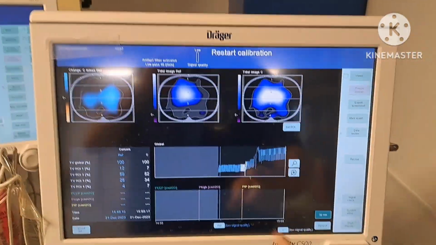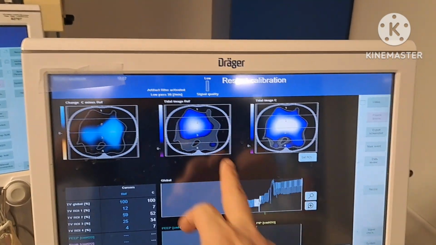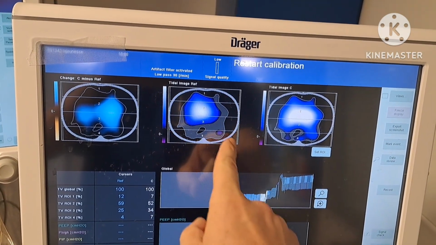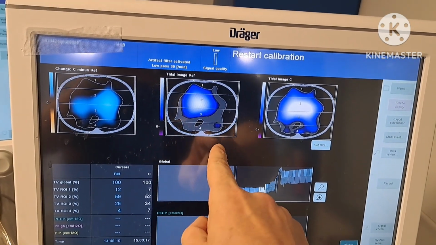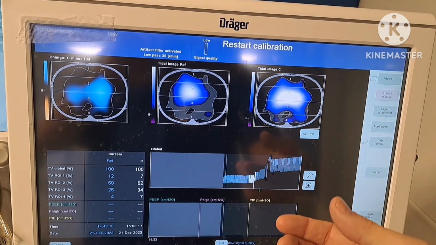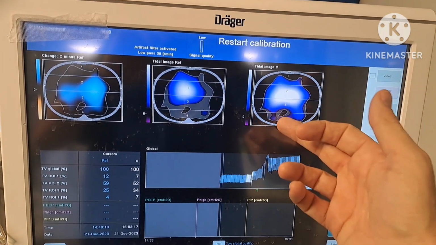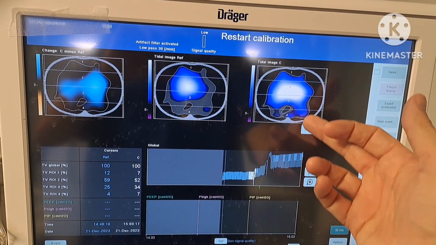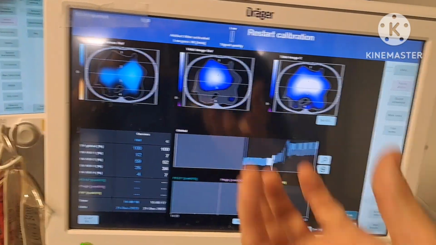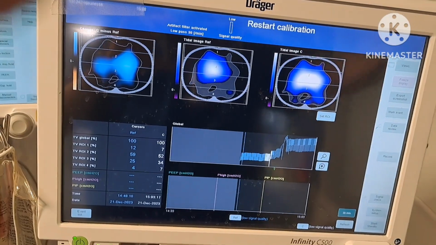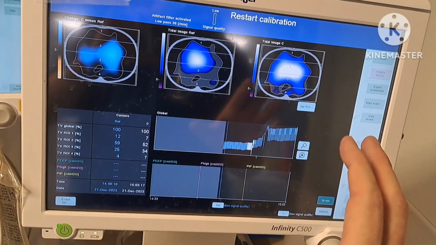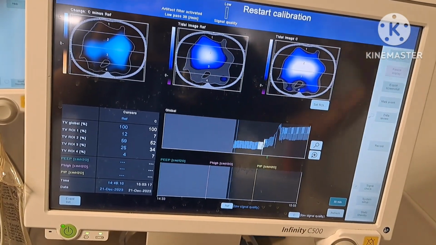So over here we're looking at the end of inspiration. At the end of inspiration, you can see that everything was on the ventral, mid-ventral, with very poor distribution dorsally. Transitioned to Aprv, the higher mean airway pressure is allowing more distribution to the dorsal region. This can be 5, 10, 15 minutes, an hour, 2 hours, we can look at this and we don't necessarily have to touch anything and just see how it progresses.